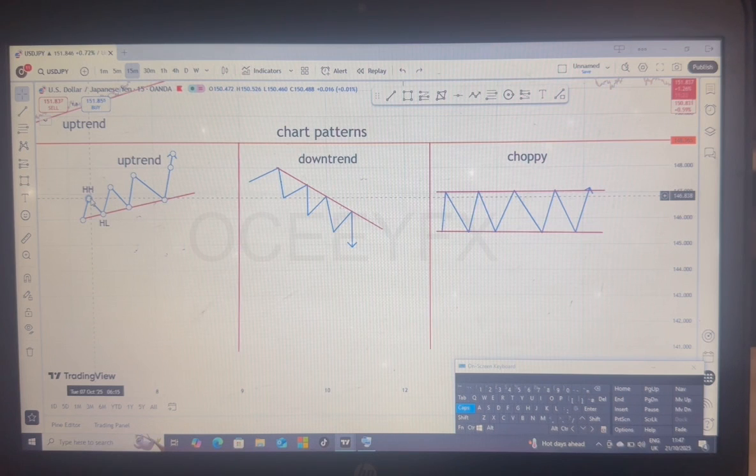For you to know if an uptrend is valid, you must make sure that the previous higher low is not broken. What am I trying to say? What is here must not break. Like you can see here, this broke below. So this must not happen to keep your uptrend valid.